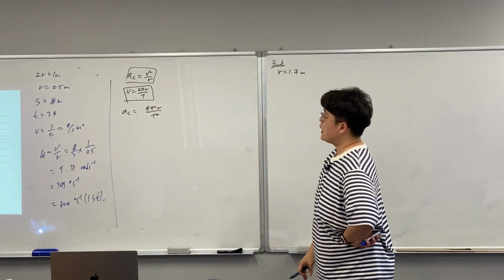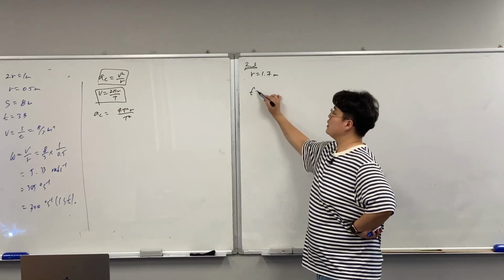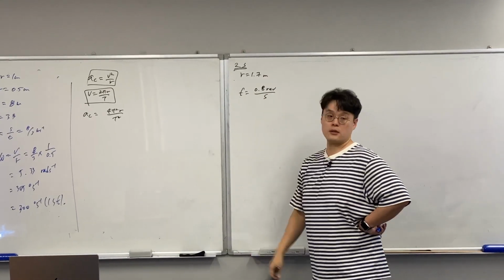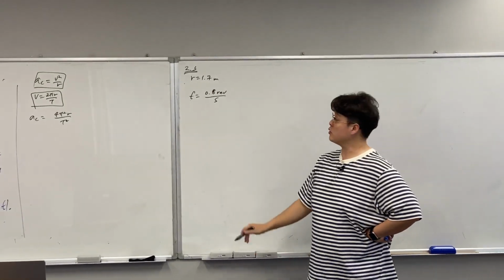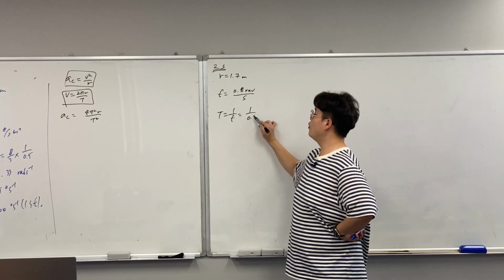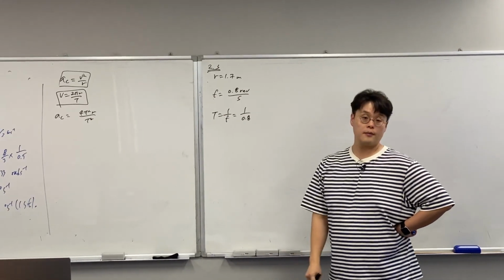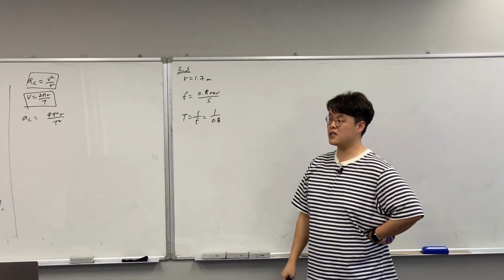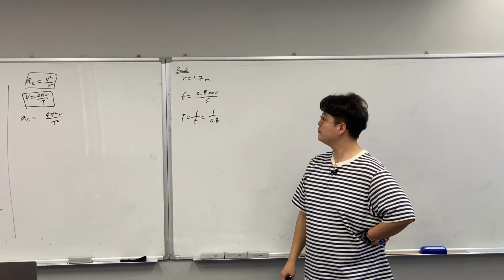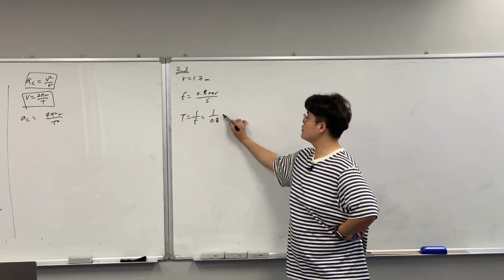It makes 0.8 revolutions in a second, so the frequency is 0.8 revolutions per second. To find the period, T equals 1 over f, that is 1 over 0.8.